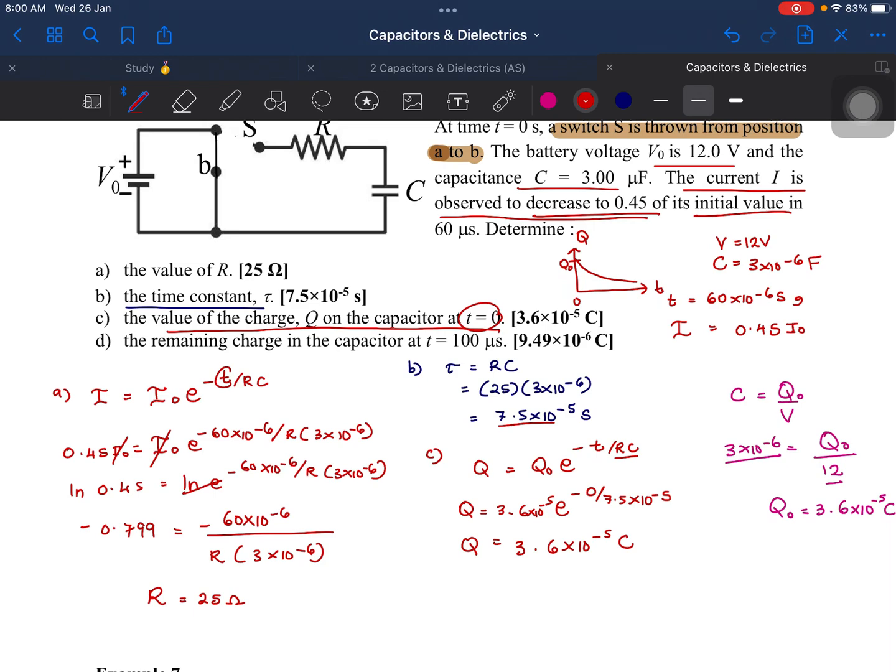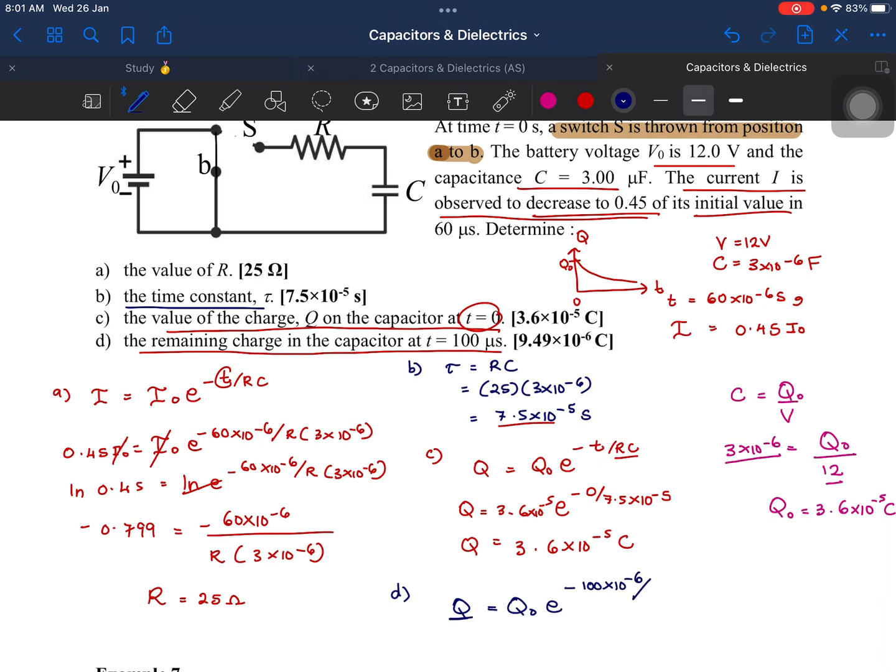Okay, and then soalan yang seterusnya dia minta the remaining charge in the capacitor at T equals to, okay, so sekarang ni diminta pula kalau waktu T sama dengan berapa ni, 100 darab 10 kuasa negatif 6 second. So berapakah Q kita yang tinggal lah.